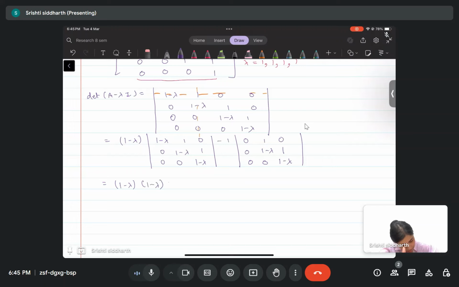And 1 minus lambda away. The only term from this... And then we have... this is simply 0.